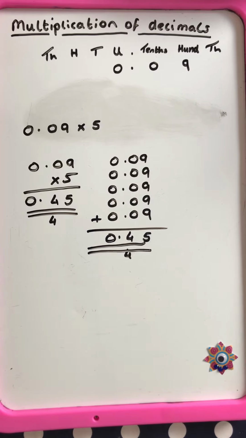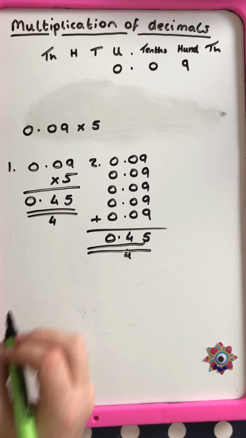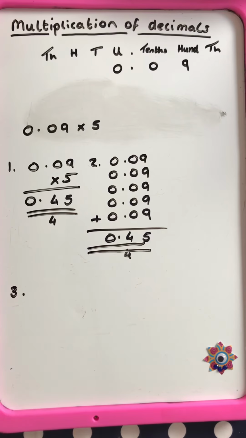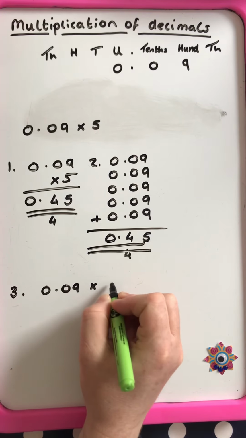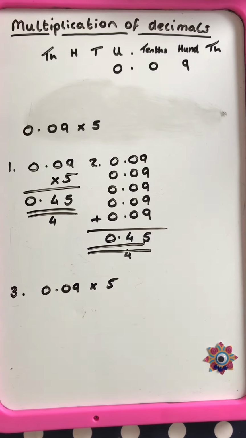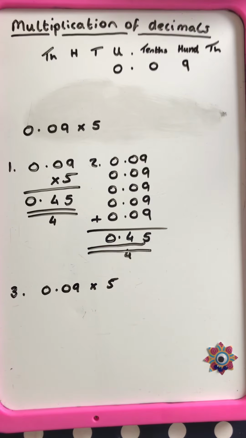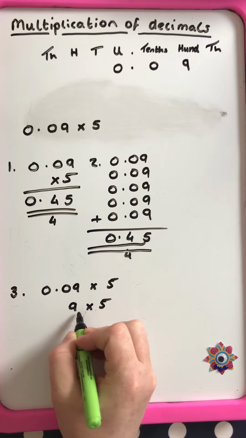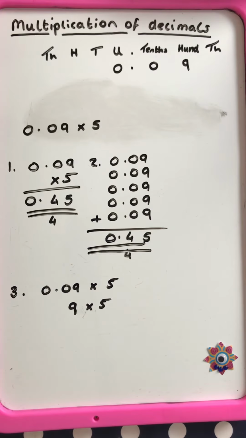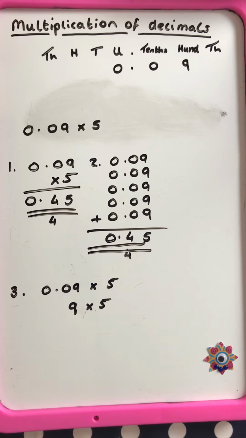The third way I would like to show you how to do this. Let's consider multiplying this by 5. Let's say that we wanted to change this and think about it as 9 multiplying 5. So 9 times 5 is 45.